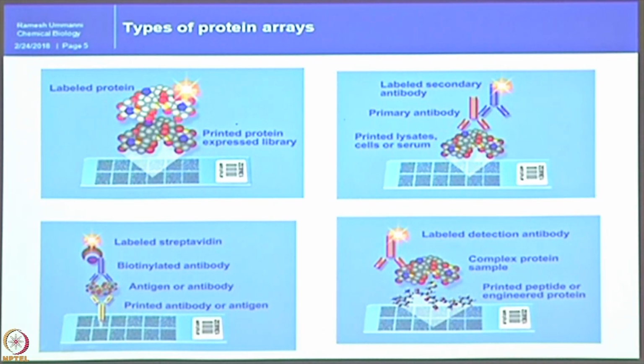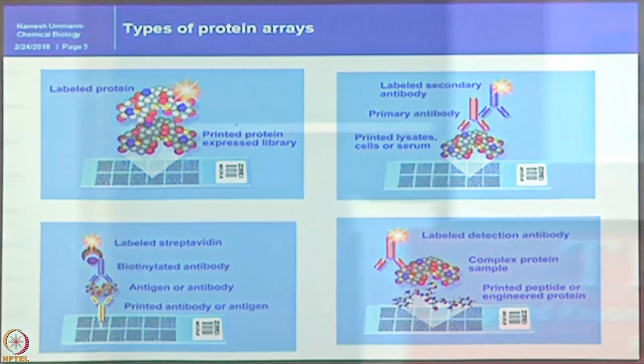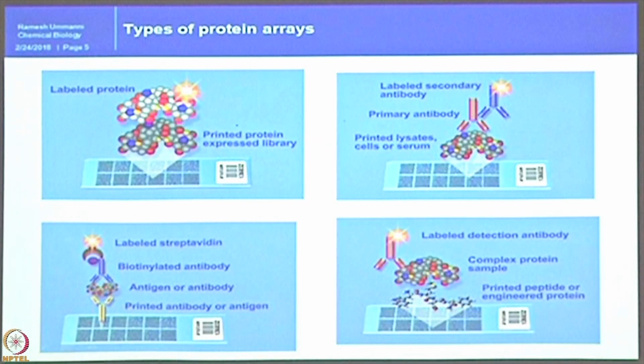Then you can proceed to see whether this interaction has any physiological relevance in a disease state or non-disease state. The second approach is again a glass slide, printed with an antibody, or of course an antigen, but in this case an antibody. You add the lysate, a pool of all the proteins expressed by the proteome. Antigens specific to the antibody are captured by the capture antibody.